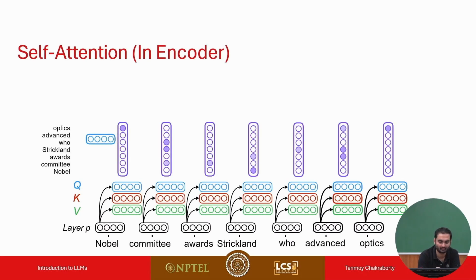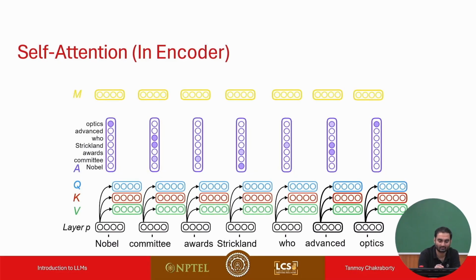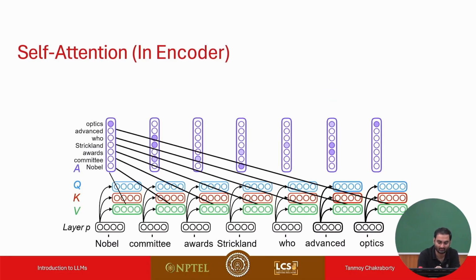When we use a single attention head, these are essentially not attention vectors, these are essentially the similarity values, meaning the attention scores.